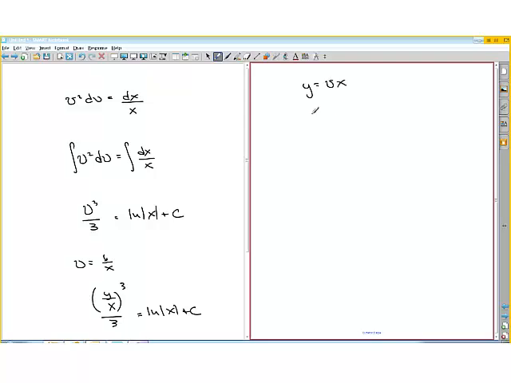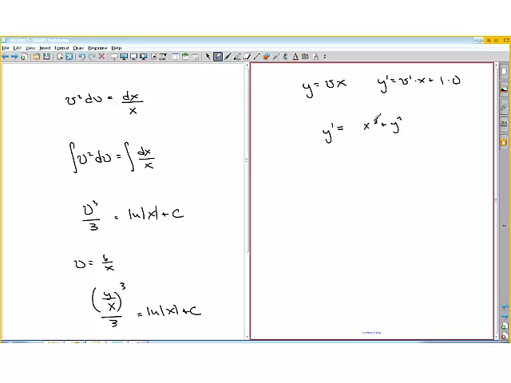So when we look at the original equation, we get y prime is equal to mu prime times x plus the derivative of x, which is 1, times mu. So that's using the product rule. Derivative of the first times the second plus derivative of the second times the first. So we can do that. I'm going to make that substitution here in a second. Let me finish writing the equation down.